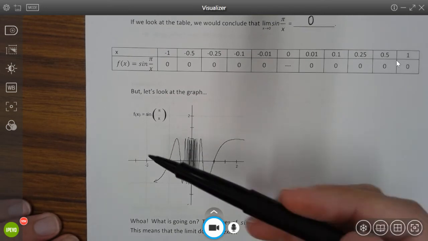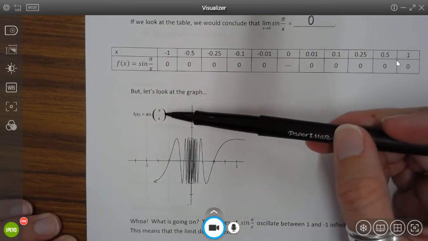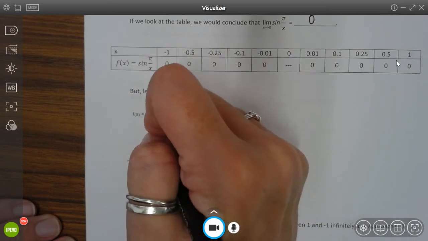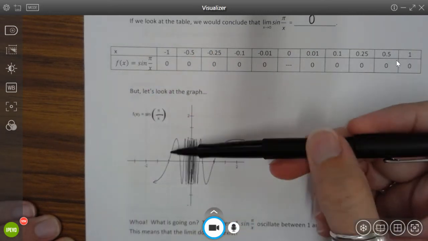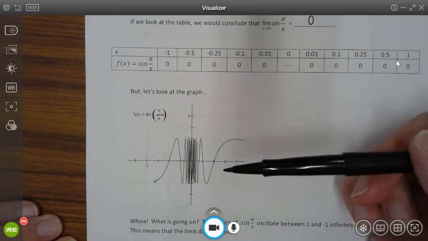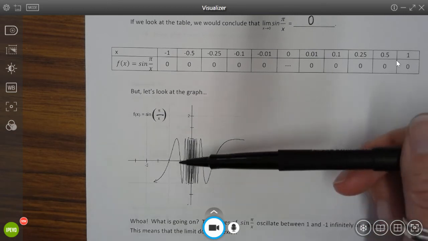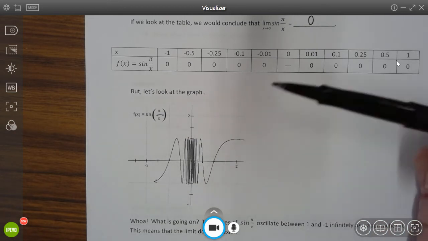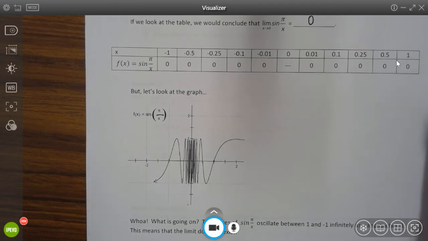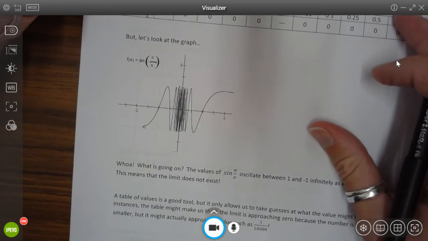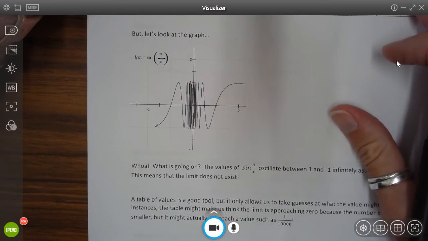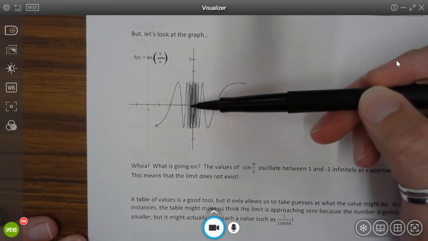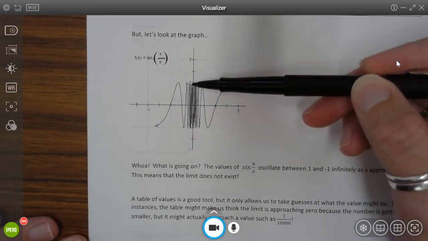But if you were to actually use your calculator and plug this in, in radian mode, sine of pi over x, you would notice it's going to look something like this. And as your calculator is graphing it, it's going to literally continue to bounce between these values. That's what we call an oscillation. This graph of sine of pi over x is bouncing, or oscillating, between -1 and +1 forever.